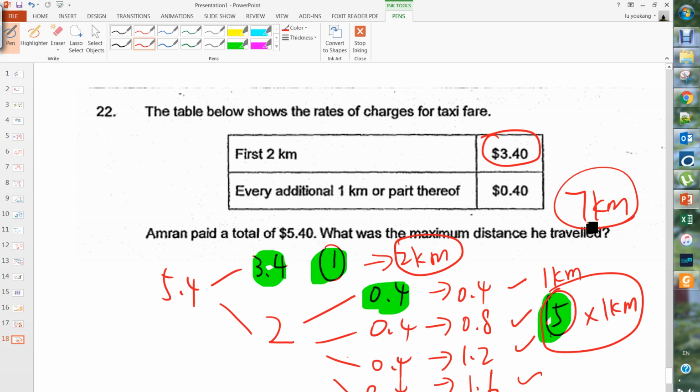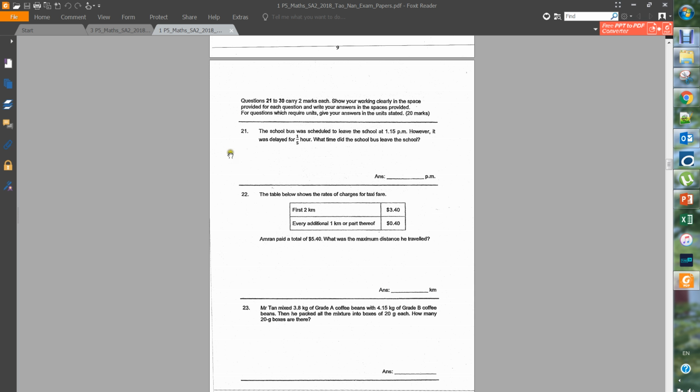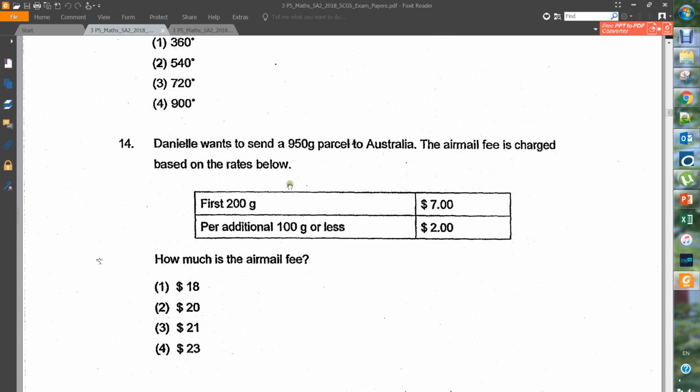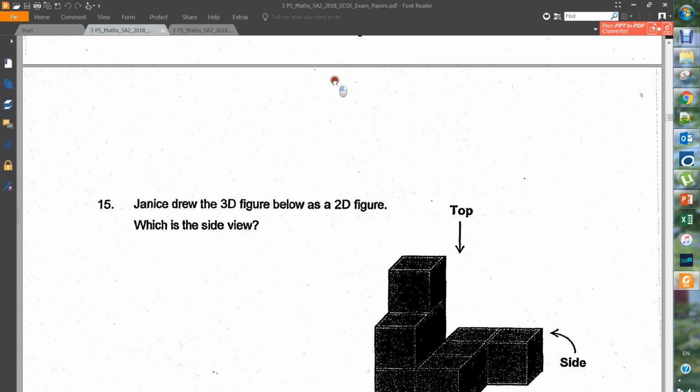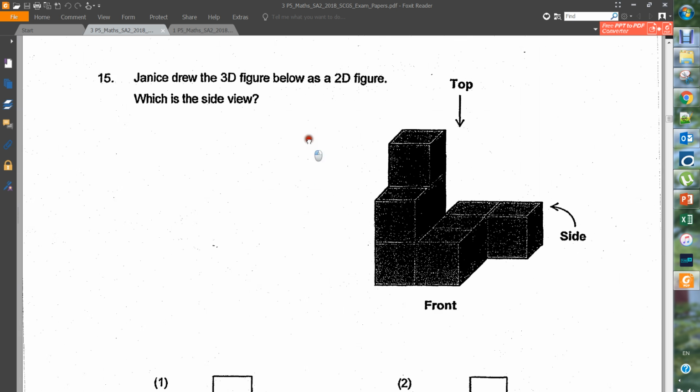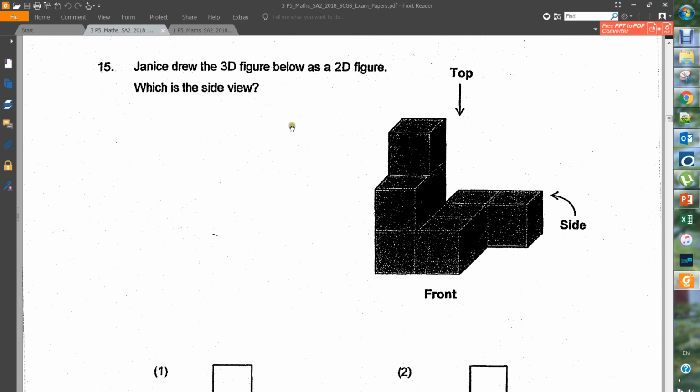Okay? So now, last question. 15. So Tao Nan one is about distance. This one is about weight of a parcel. Okay? Distribution. Okay, last question. So what is your answer for this? One. Okay, let's see together.